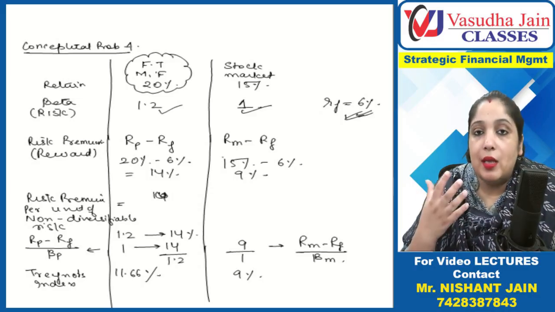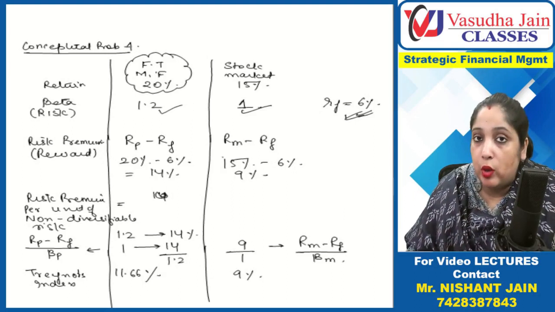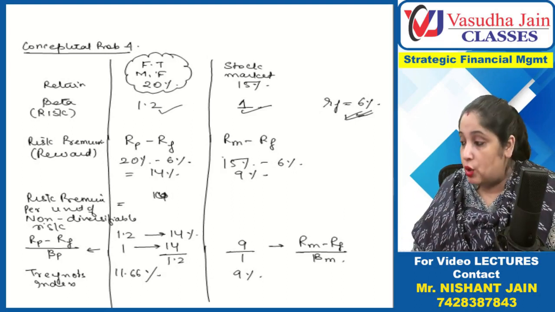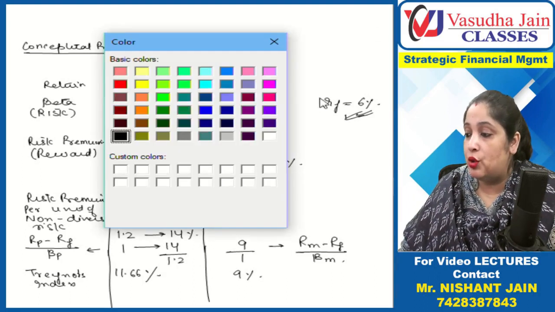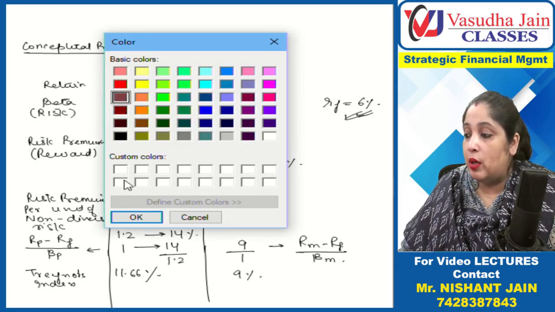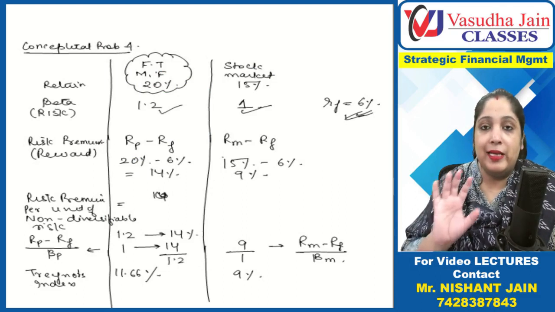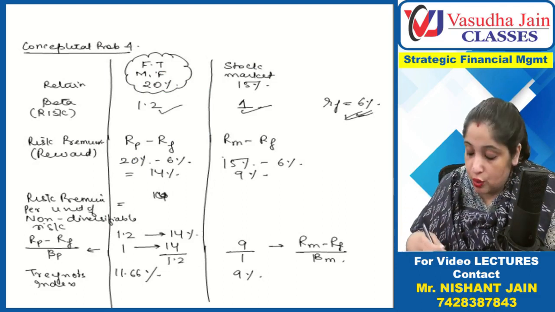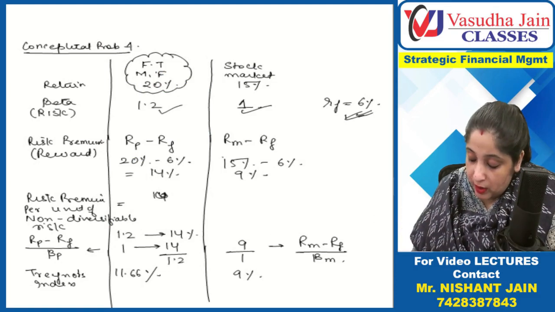Now, whether you discuss the Sharpe model or Treynor model, both models are only talking about ratios. What do I mean by ratios? They are just telling you the ratio. We are evaluating whether the mutual fund has performed good or not, so we are just finding out the ratio.